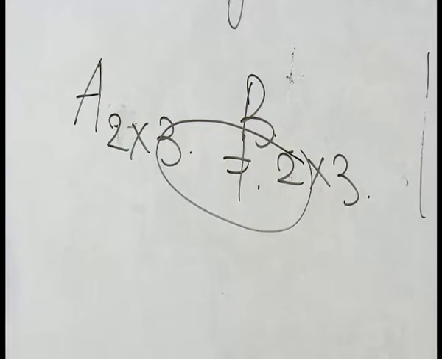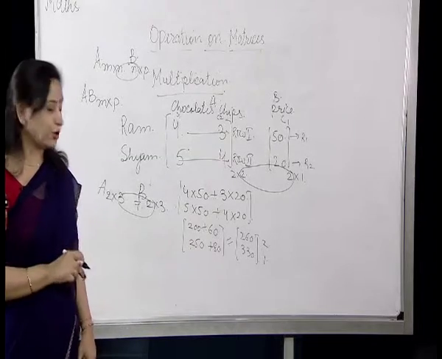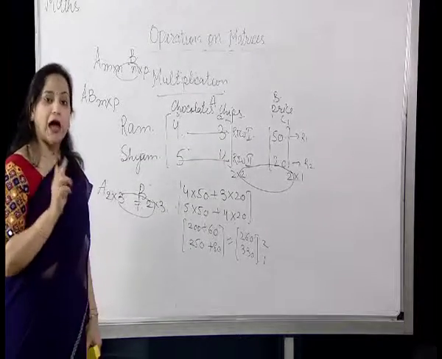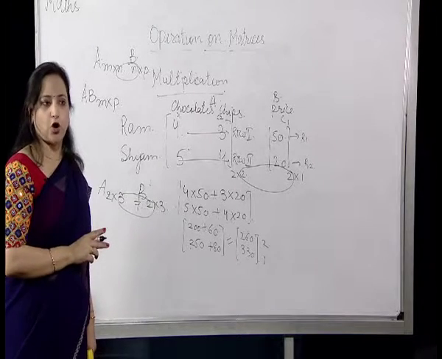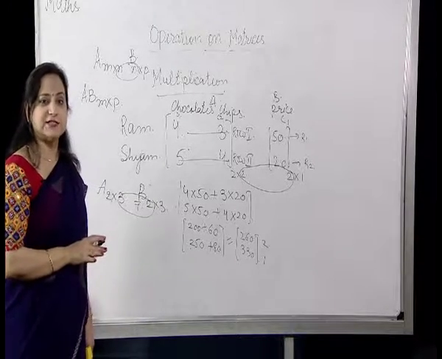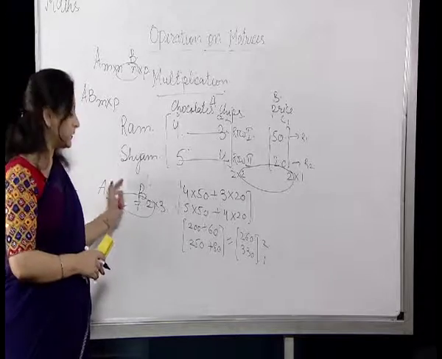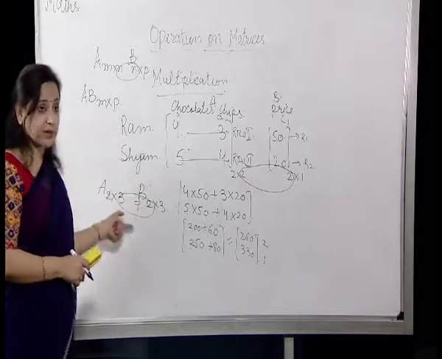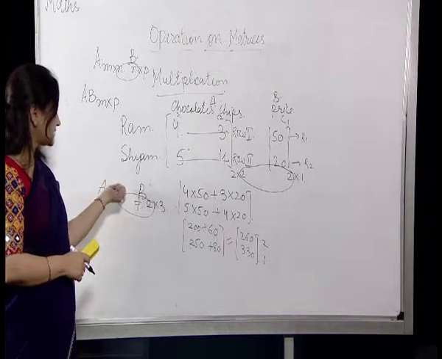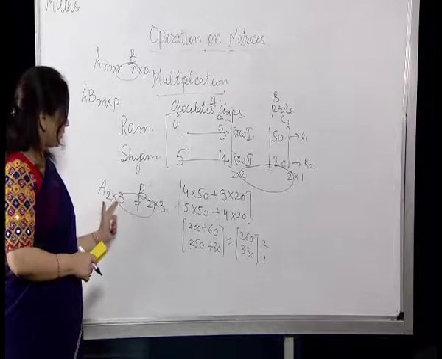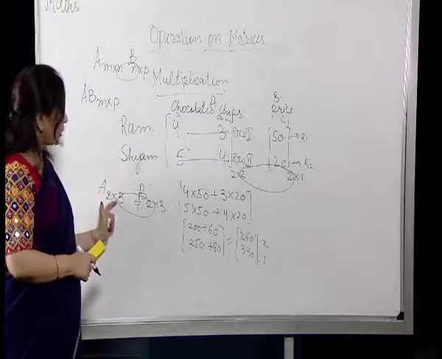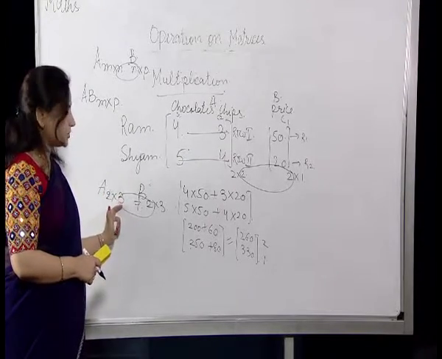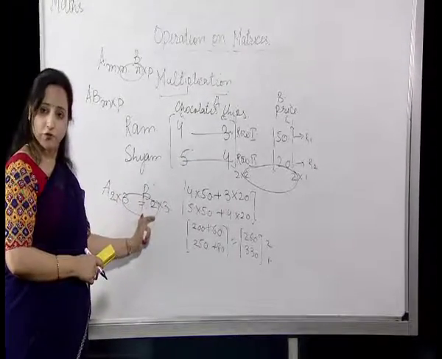This is an important point which you should note: you can add matrices of the same order, but it is not necessary that you can multiply matrices of the same order, because for multiplication the requirement is that the number of columns here should be the same as the number of rows here.